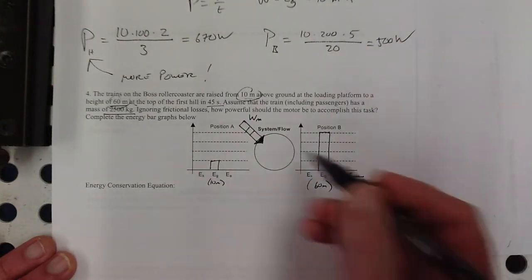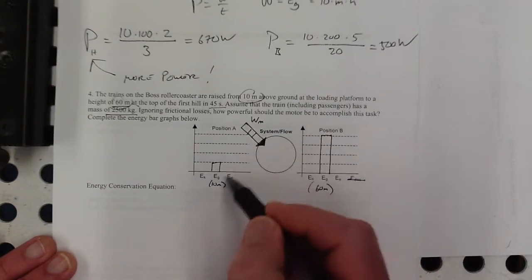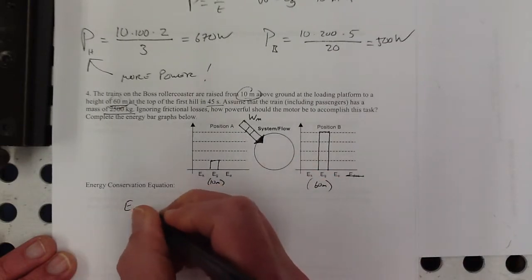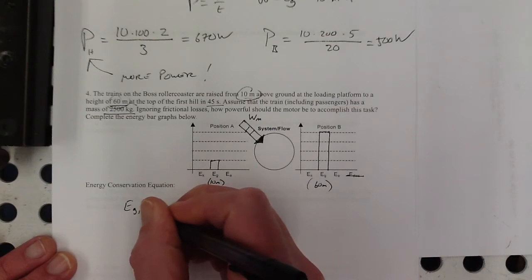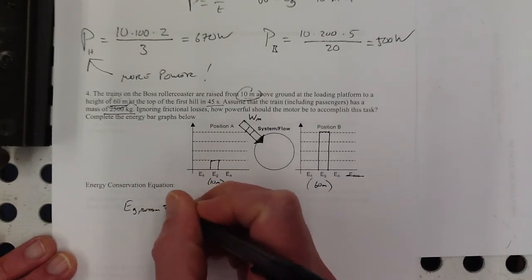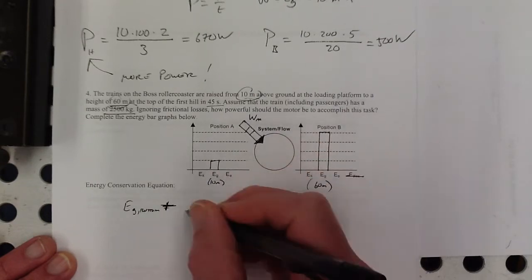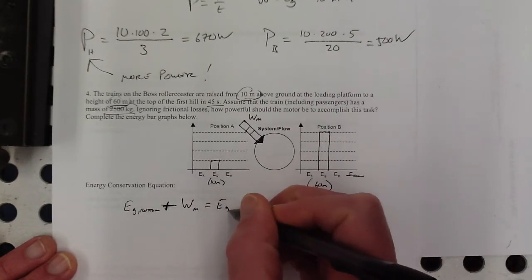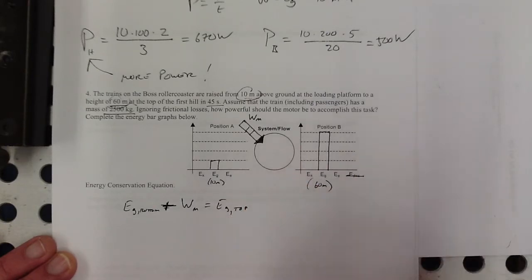Right? So my energy conservation equation is just showing that these two sides are equal, right? So Eg at the bottom plus the work done by the motor is equal to the Eg at the top.